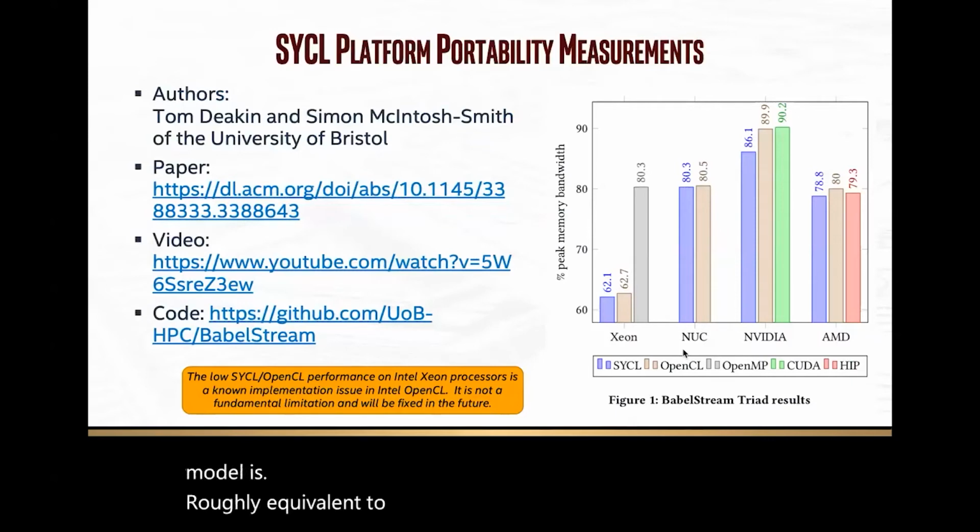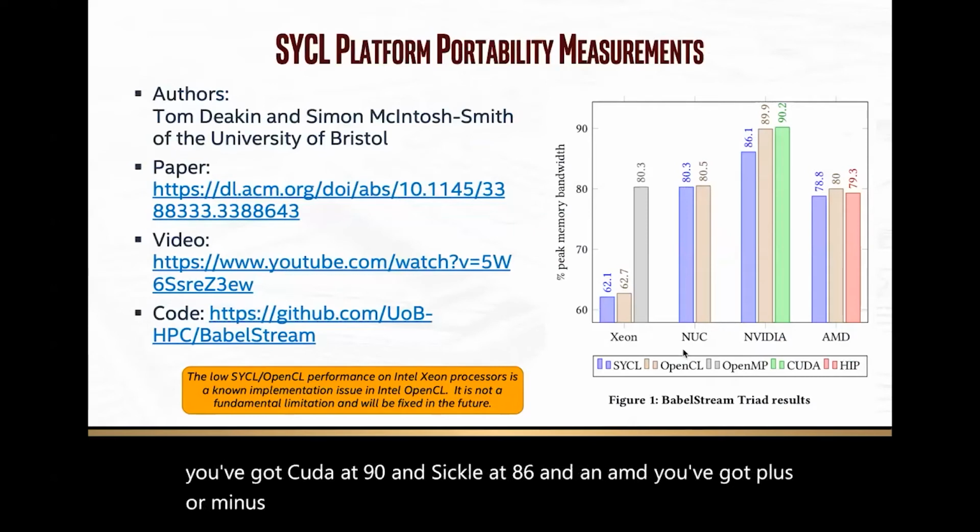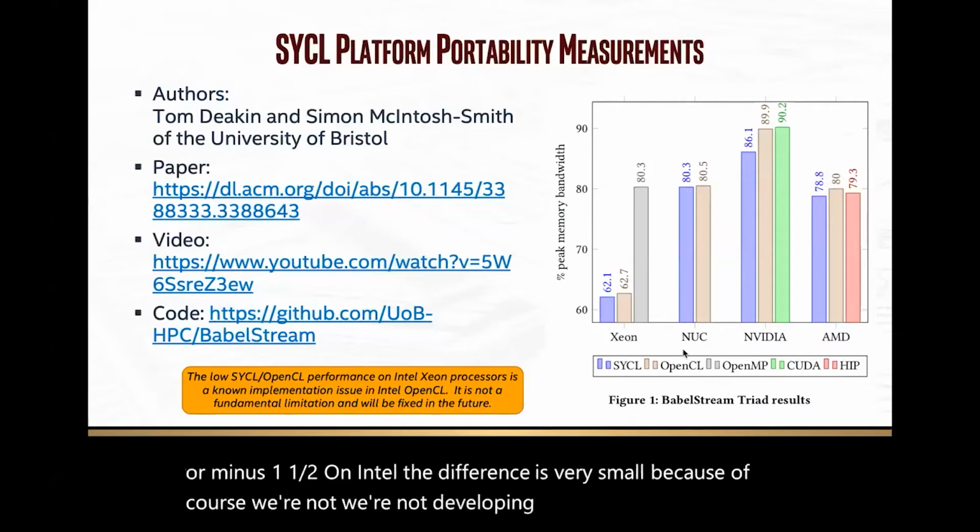So on NVIDIA, you've got CUDA at 90 and SYCL at 86, and on AMD, you've got plus or minus 1.5%. On Intel, the difference is very small because, of course, we're not developing a proprietary stack off of this. We're just developing SYCL directly.